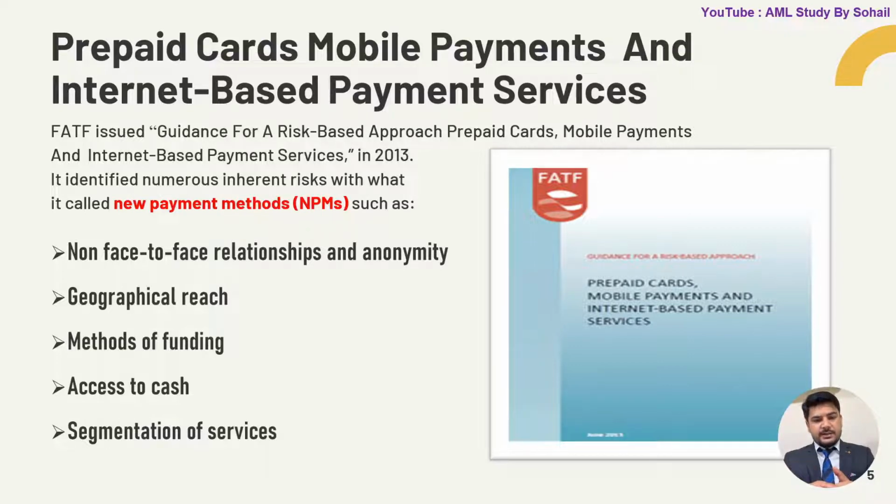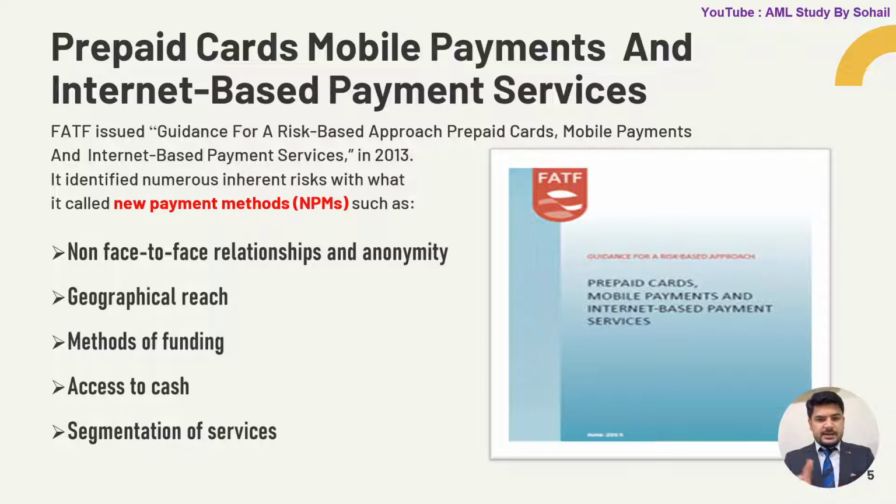Methods of funding: there are different methods of funding used. Someone deposits in cash, someone maybe uses a check, some use internet transfers, someone as well in the shape of cryptocurrency. And in the next slide I will explain what virtual currency and cryptocurrencies are.